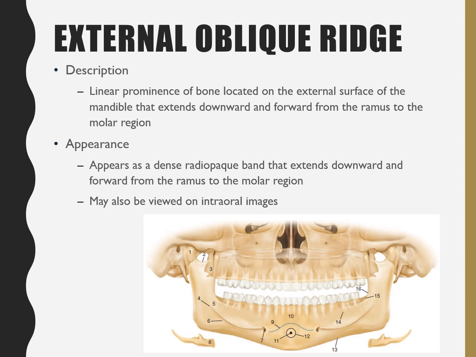It appears as a dense radiopaque band that extends downward and forward from the ramus to the molar region. Okay, that's as far as it goes. We don't talk about it in the anterior area. We only talk about it at the ramus all the way up to the molar region. And you can see it on your intraoral images as well.